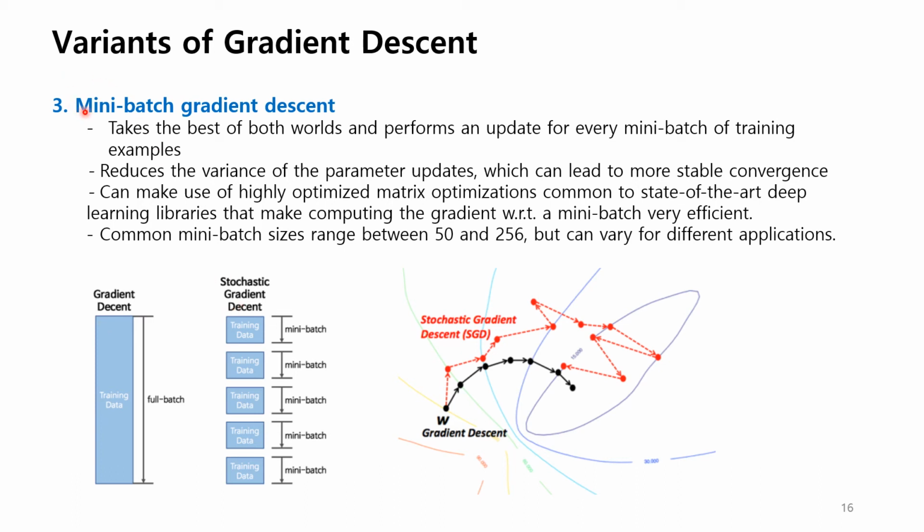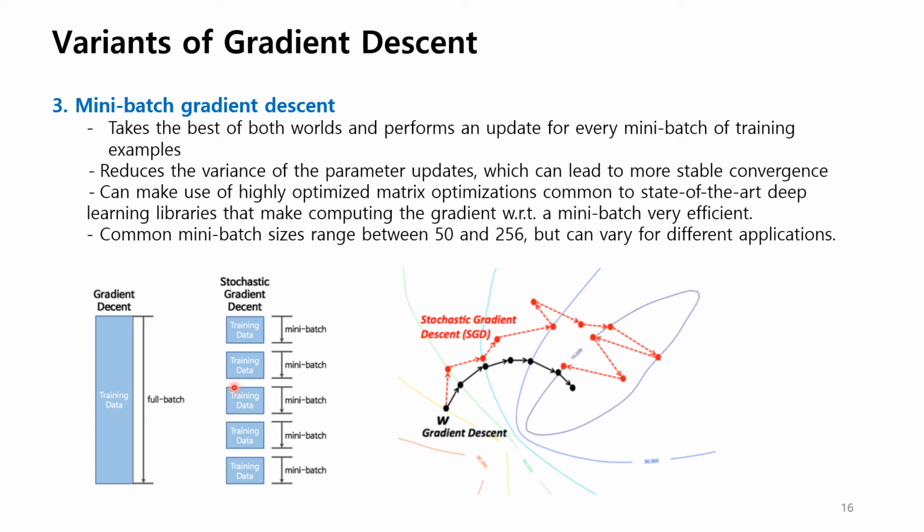Mini batch gradient descent means you read a small batch of data, like 50 or 100 data points, and then you update. Then you read another mini batch and update again. It's a compromise between batch gradient and stochastic gradient.